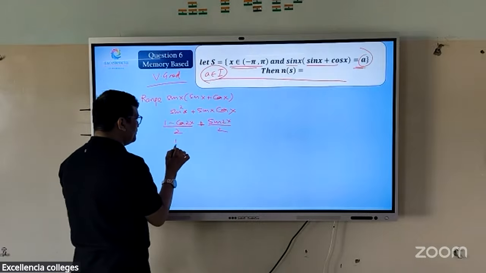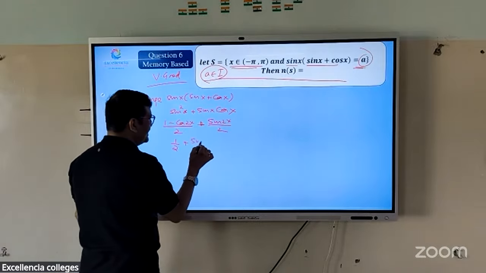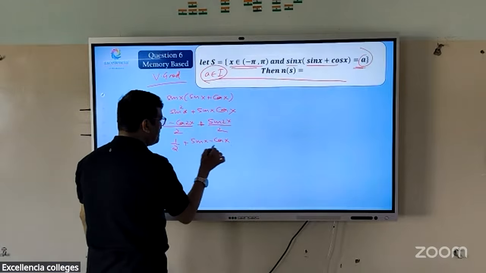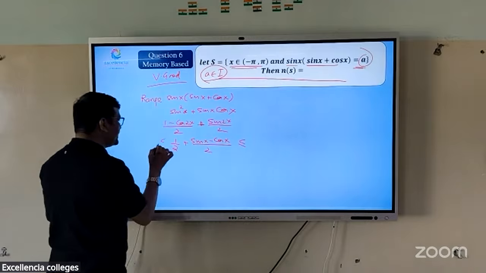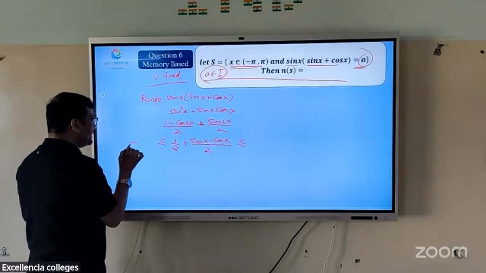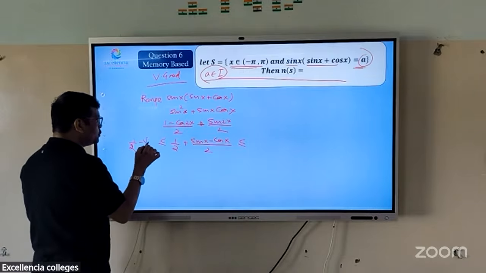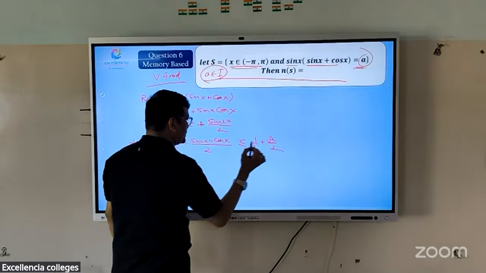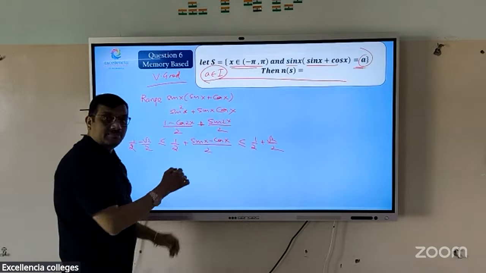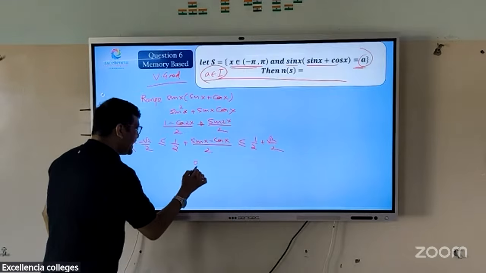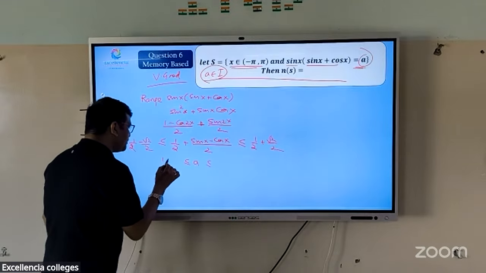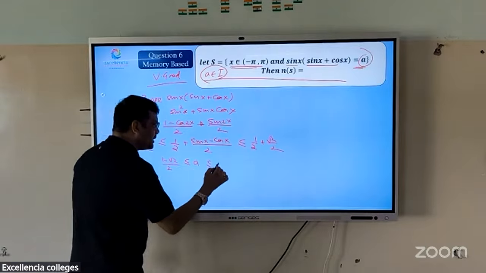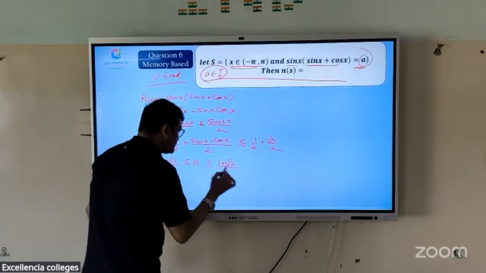So it becomes 1 by 2 plus (sin 2x minus cos 2x) by 2. This ranges from 1 by 2 minus root 2 by 2 to 1 by 2 plus root 2 by 2. So the range of A is 1 minus root 2 to 1 plus root 2.